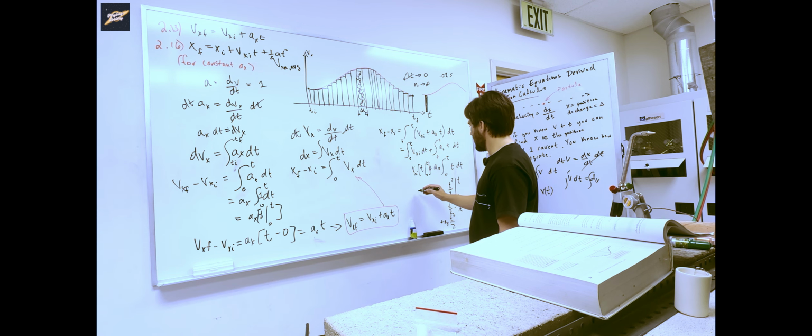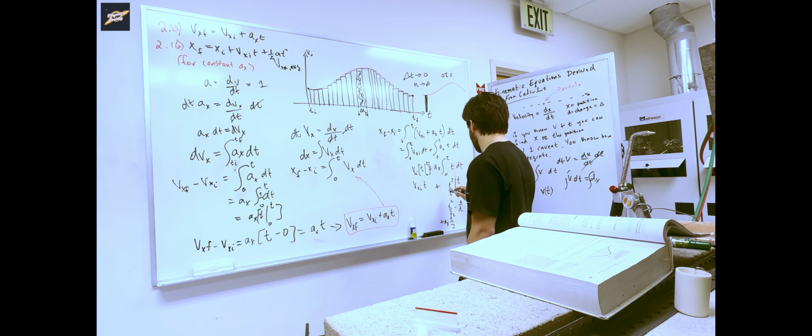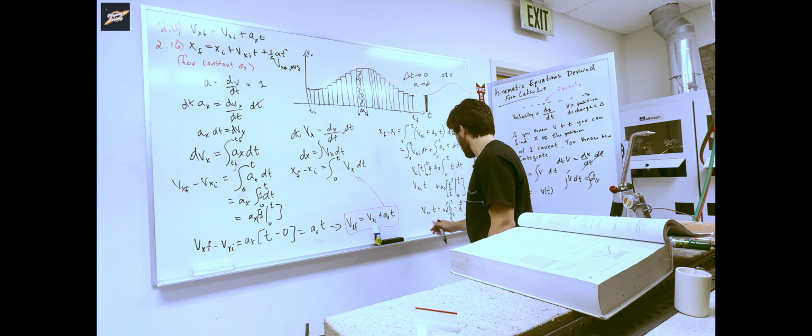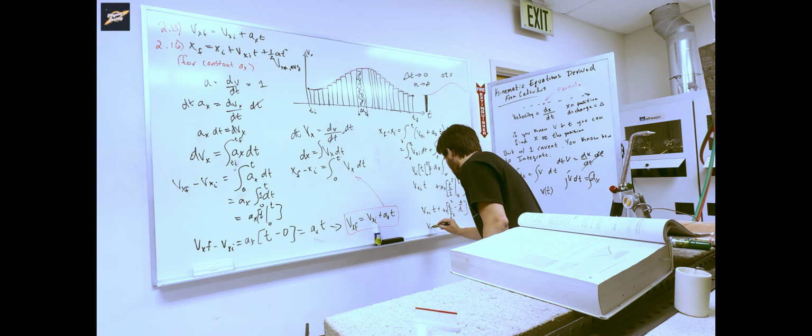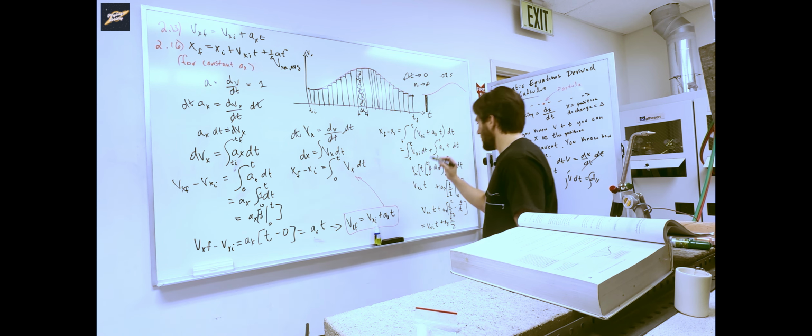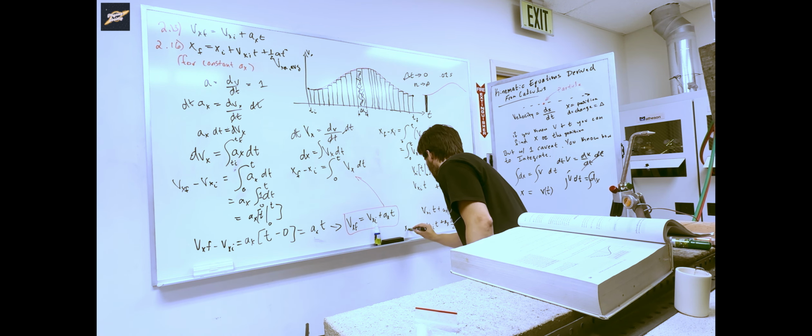And so that gives us vxi t plus a x t squared over 2, which equals xf minus xi.